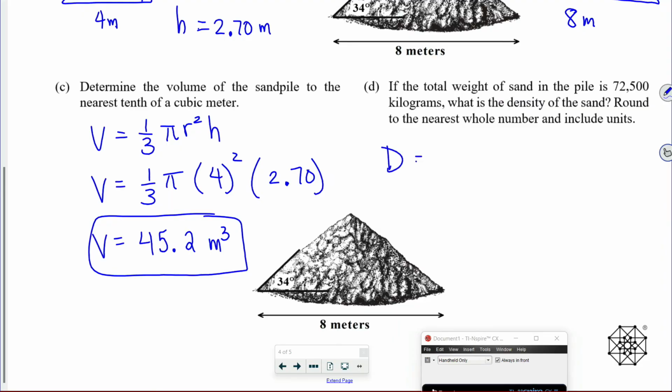The density of the sand is going to be 72,500 kilograms divided by 45.2 cubic meters.